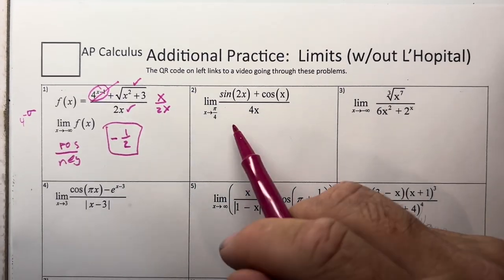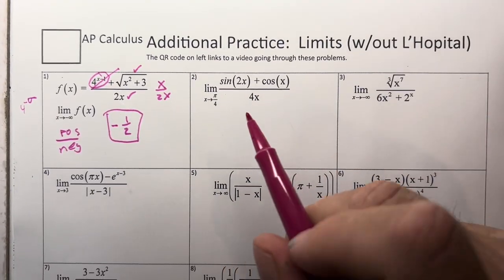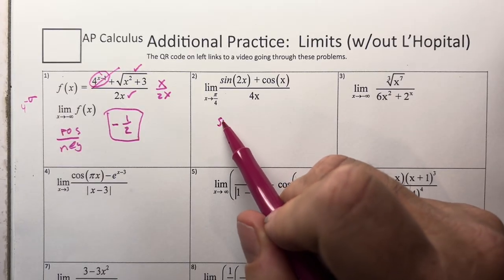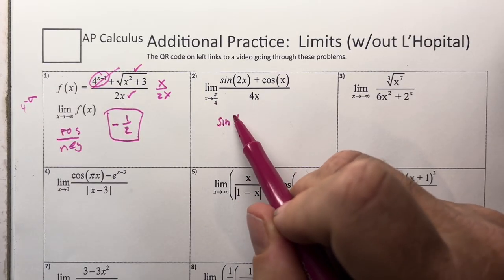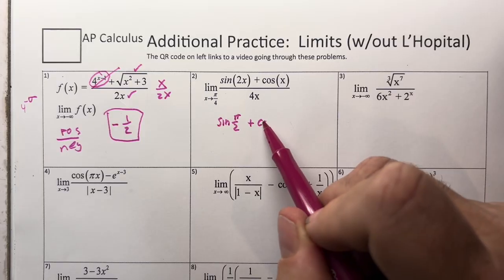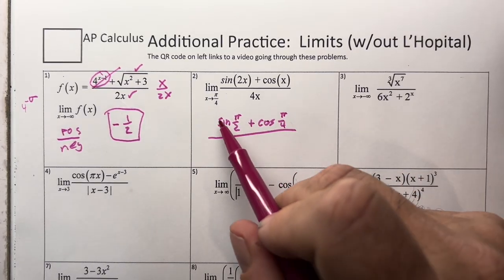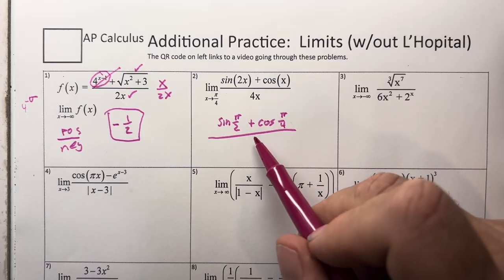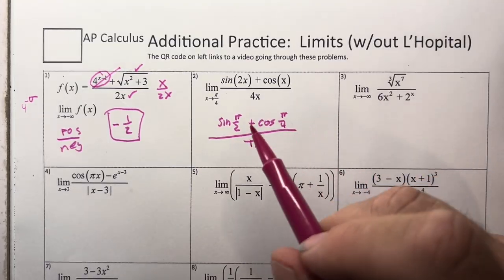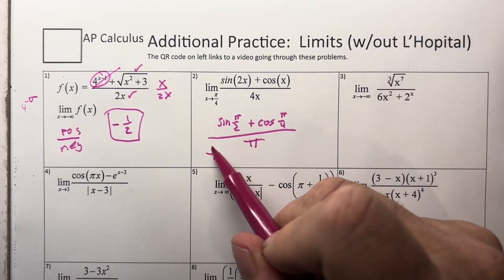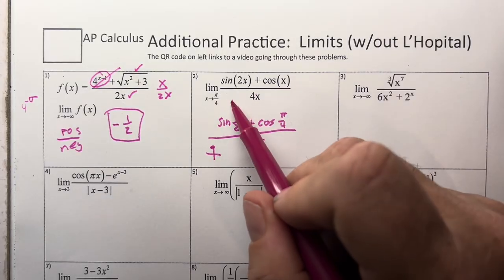Okay, here's pi over 4. I bet you we can just plug in. Here we'll get sine of pi over 2 plus cosine of pi over 4 all over 4 times pi over 4, which is pi. What's sine of pi over 2? I think that's just 1.